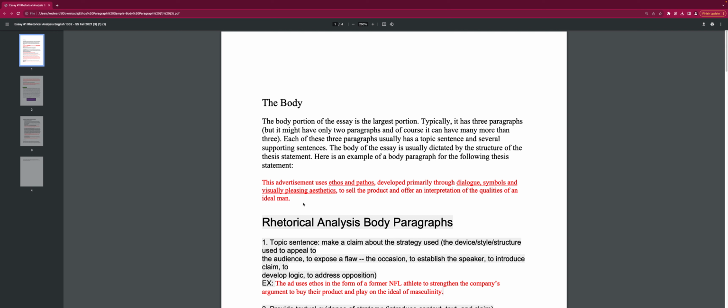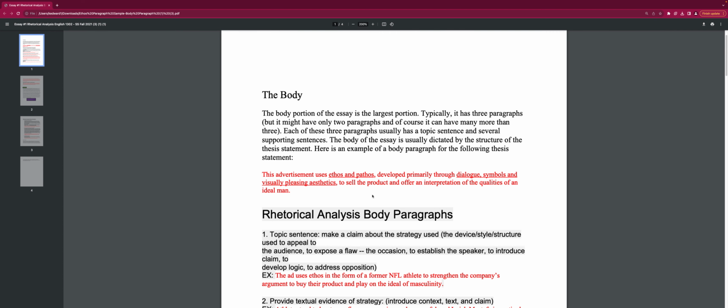Right? So you need to have your thesis statement in mind when you start to write your body paragraph. This thesis statement says that this advertisement uses ethos and pathos developed primarily through dialogue, symbols, and visually pleasing aesthetics to sell the product and offer an interpretation of the qualities of an ideal man.